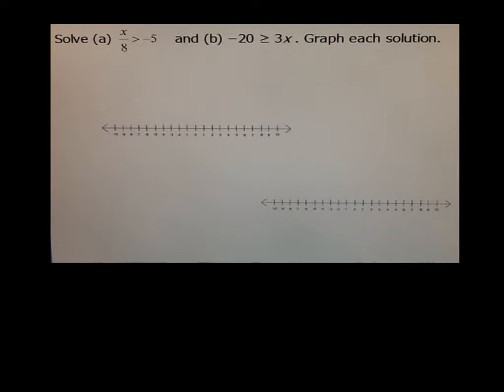This is the instructional video for 2.3, which was solving multiplication and division inequalities. So the main thing that we talked about today in class is that new rule: anytime you multiply or divide by a negative number, you have to remember to reverse your inequality.